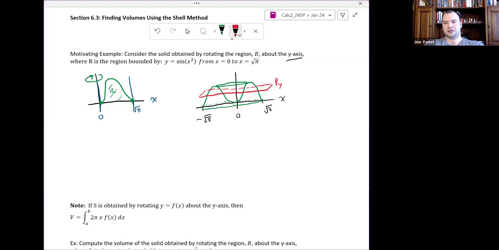Maybe this will be a good approach. When I slice through this solid, I'm going to have an outer radius and an inner radius. So I'm going to have an annulus, the area that's inside of a bigger circle, but not inside of a smaller circle.